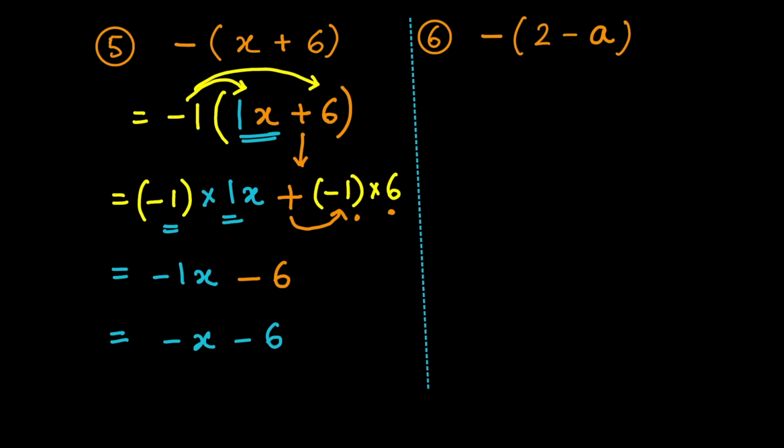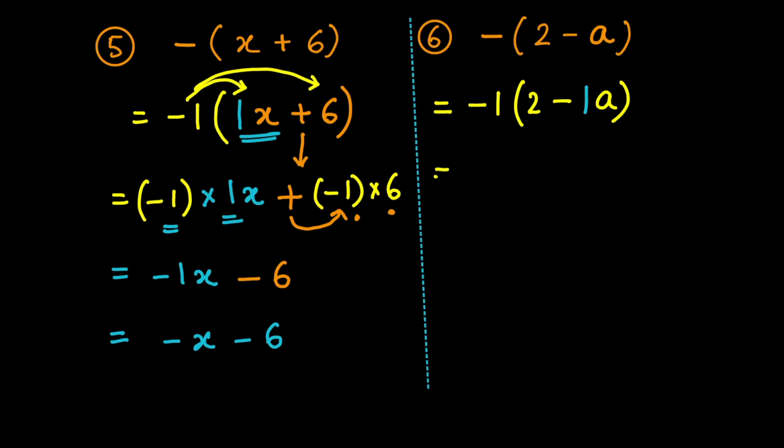Same way the next example. So again outside the bracket we just have a minus sign. So we rewrite it by writing 1 here, and also with the variable a we do not see any number, so we put 1 with it. So first step we'll rewrite this equation, so minus and 1 with it, and then 2 minus a, so we write 1 with this.